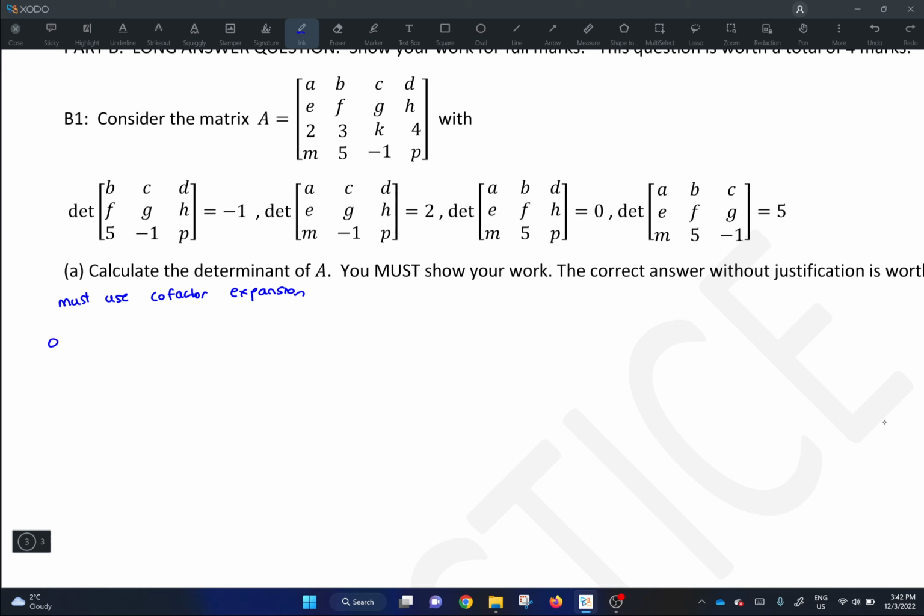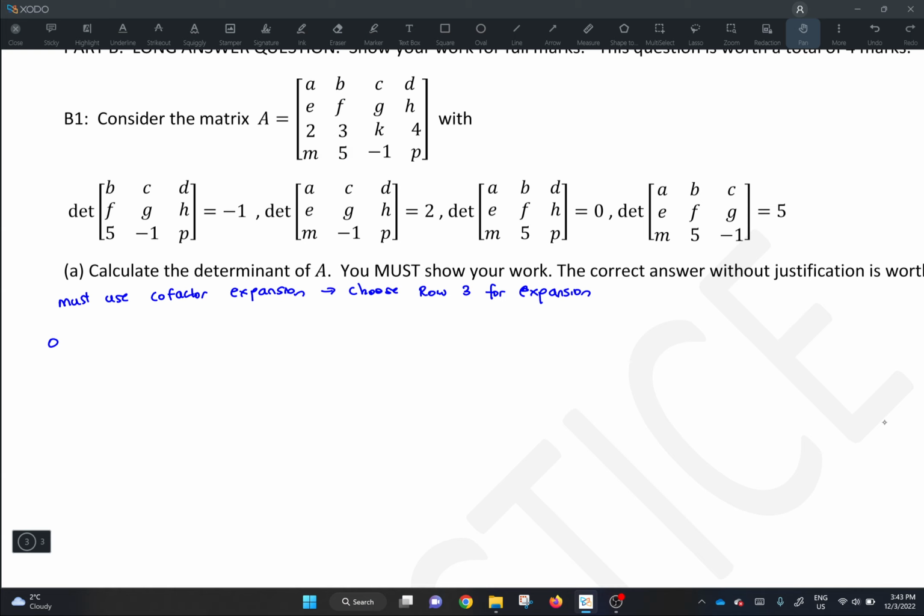So I'm going to choose row 3. And we can confirm that when we do the next submatrix, when we do this one, we better get one of the 4 matrices that are down below, A C D, E G H, M minus 1 P, and we do. That's the second one. So we've probably made the right choice.